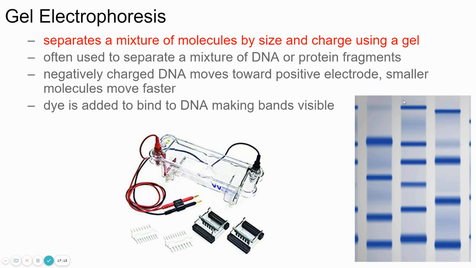And what happens is the DNA particles are attracted to one of the charges, the negative charge, and they start to move through this gel. You stop it after a certain amount of time and you stain it, and it forms a pattern. And this pattern that it forms can be used to identify people.